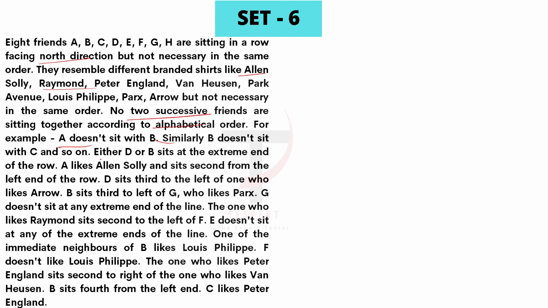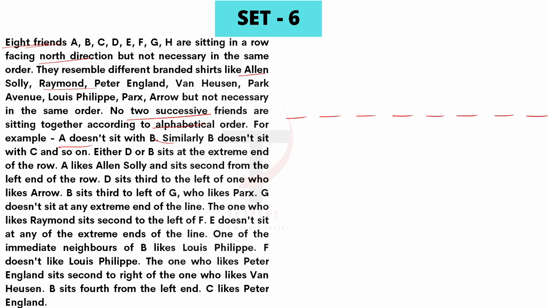So what is next? Either D or B sits at the extreme end of a row. This is not a straightforward statement. We cannot simply mark it or arrange it. So first let us take 8 spaces, as there are 8 friends: 1, 2, 3, 4, 5, 6, 7 and 8.